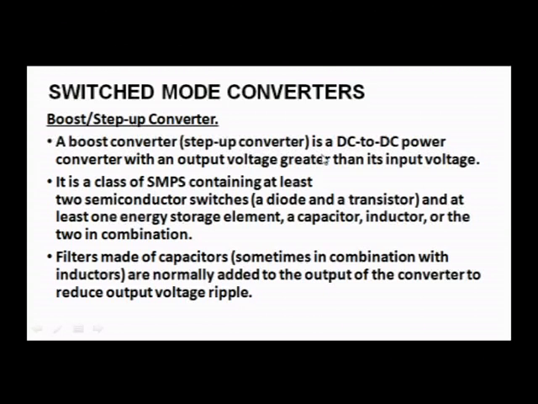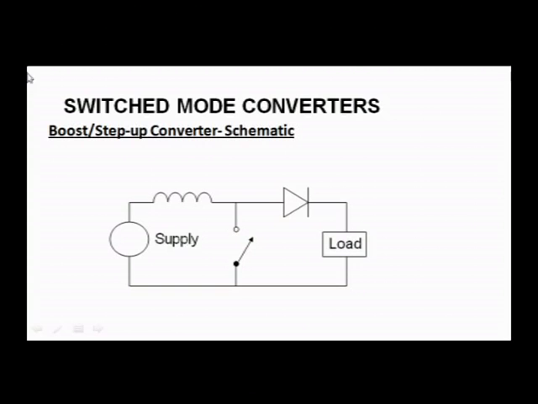So, let us see how the voltage is going to be stepped up. A low input voltage giving rise to a higher value output DC voltage. That is what the boost or step up converter is going to do. This is the simplest circuit. Here I have not shown a capacitor, there should be a capacitor over here anyway.